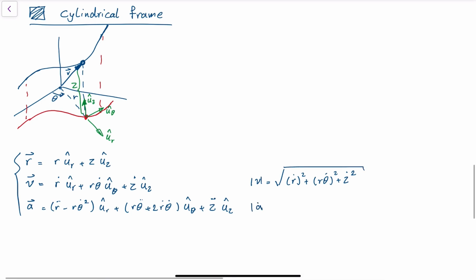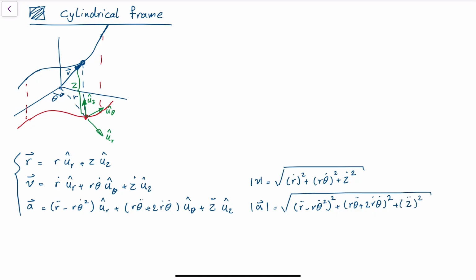And magnitude of acceleration has 3 squares: r double dot minus r theta dot squared, plus r theta double dot plus 2 r dot theta dot squared, plus z double dot squared. All of it is squared.